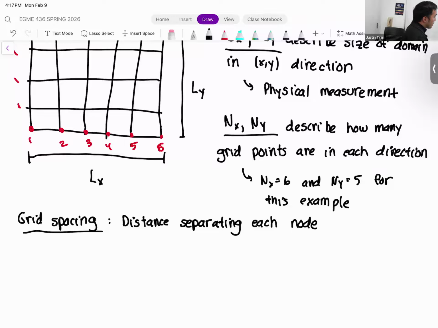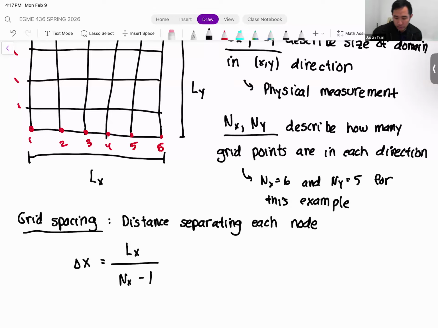So we're going to have the same grid spacing in the x direction. In the x direction, we'll say our grid spacing is delta x. That's nothing more than the length of the x domain divided by Nx, minus 1. We subtract 1 because if we use Nx to define the number of grid points, then the number of grid spaces is Nx minus 1.